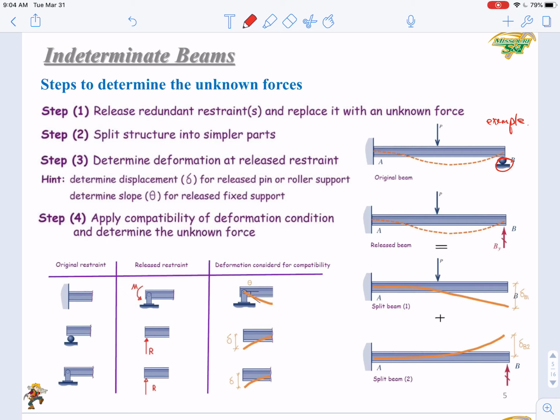So you can simply determine the deflection at any point on this cantilever based on our tables. Right? So you can split it from here, and you can solve the deflection at any point.